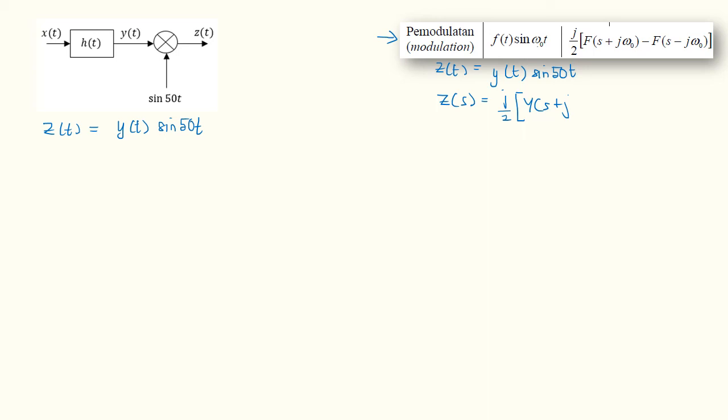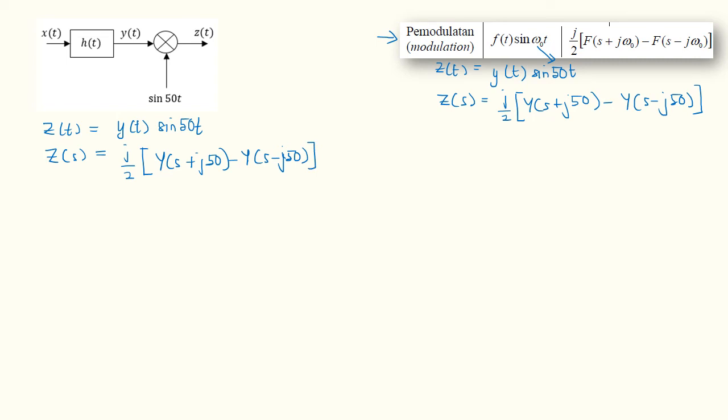What is your omega naught? So omega naught is 50. So g 50 minus ys minus g 50. Okay, so now your zs equal to g over 2 ys plus g 50 minus ys minus g 50. Okay, so what is your ys?